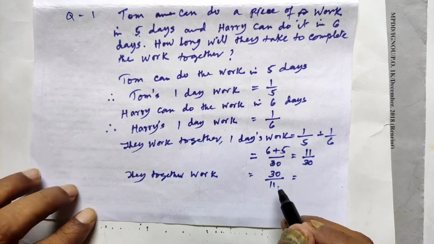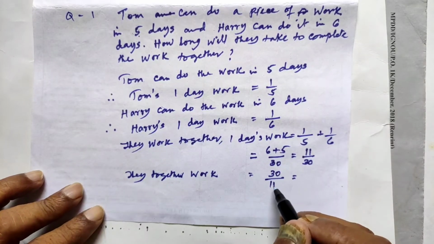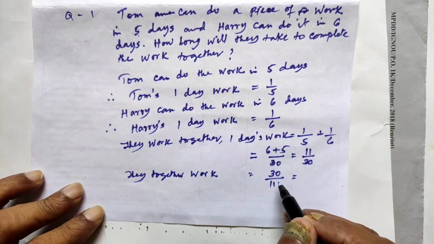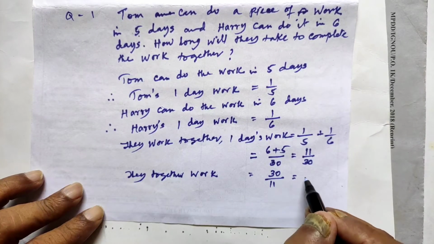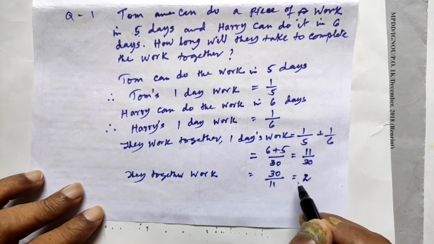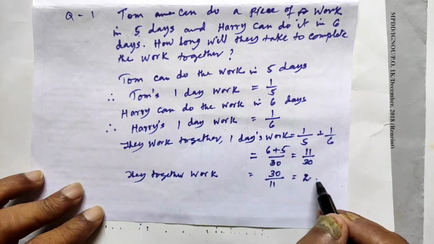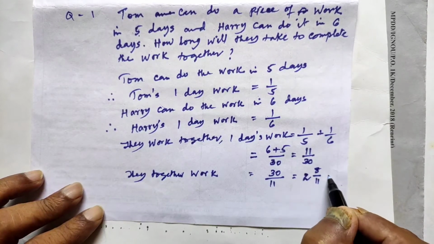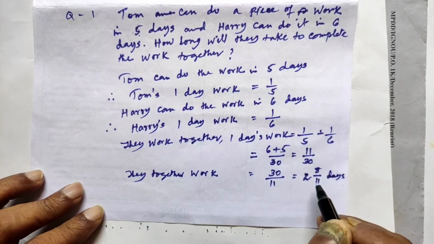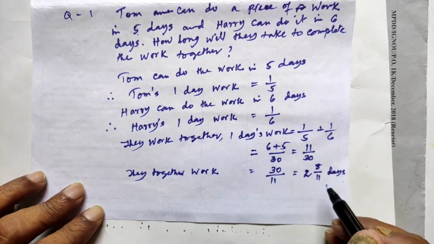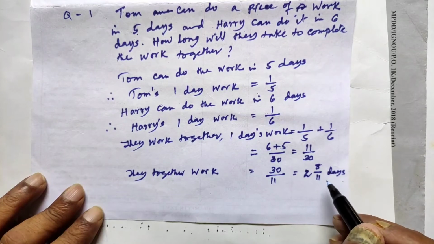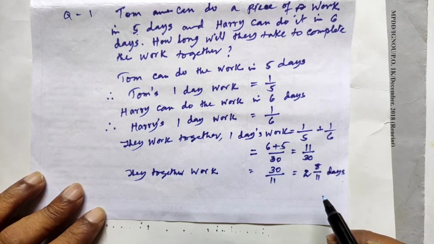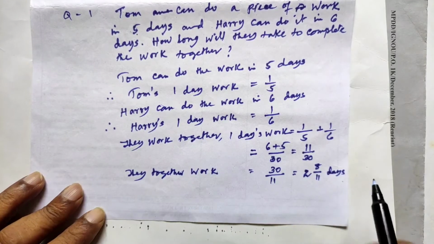So the days come to 2 and 8 by 11 days. That means 2 days and some hours. That is the time required to do the sum.